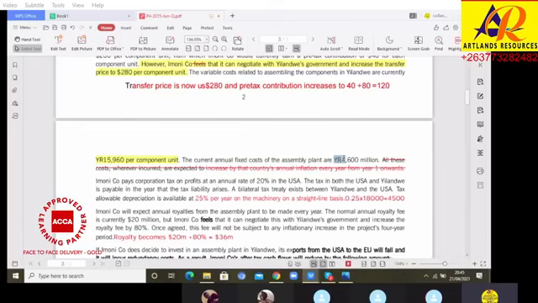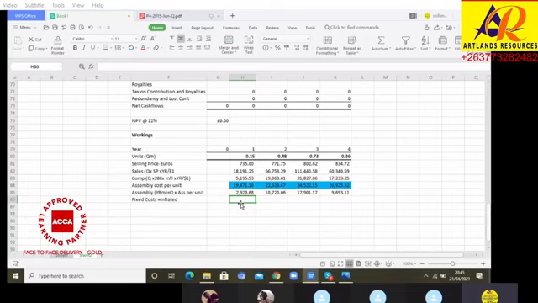So the fixed costs are 4,600,000, and they will increase by rand inflation. These are already in rand. So it equals 4,600 times 1,22, because the first year is 22%. Second year equals this times 1,147, because inflation is now 14.7%.